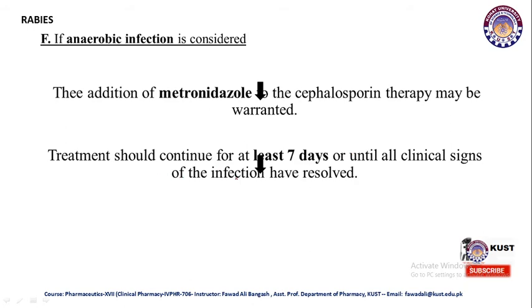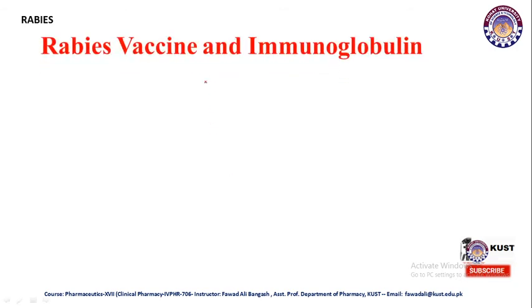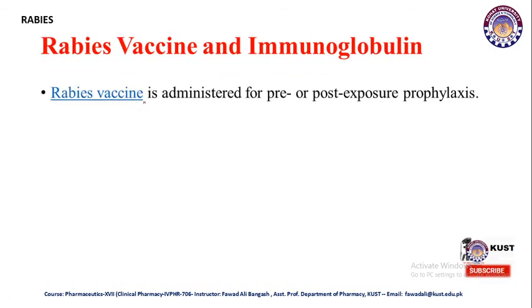Rabies vaccine and immunoglobulin. Rabies vaccine is administered for pre or post exposure prophylaxis.